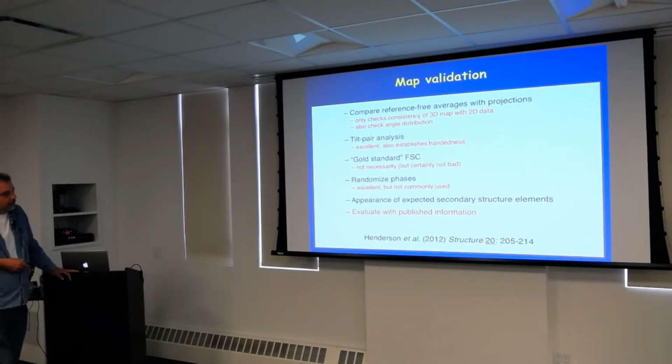And then what I find very important is that you never switch off your brain. If you have a structure of your protein, you know what your protein does, take any biological information and see whether your structure is actually consistent with that.